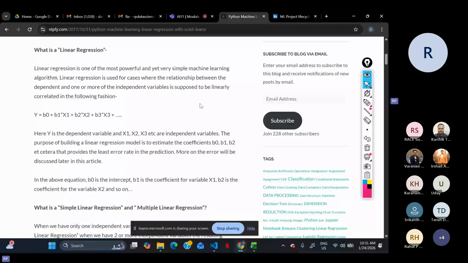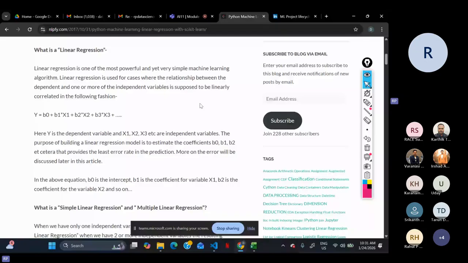Linear regression models this line: beta 0 plus beta 1 x. This is for simple linear regression. Linear regression has two types: one is simple linear regression, another is multiple linear regression. Simple linear regression is when we have one feature or one independent variable, which is our x, and if we have multiple x or multiple features, in that case we call it multiple linear regression.